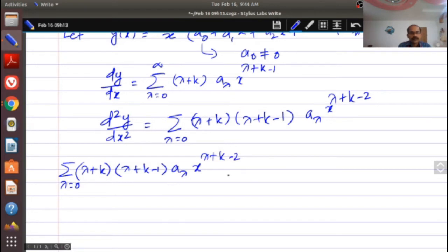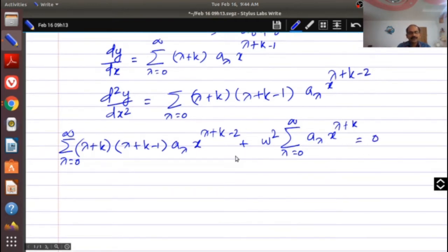This is y double dash, plus omega squared y, which is again summation lambda equal to 0 to infinity, since infinity is a must because it's an infinite series, a lambda x raised to lambda plus k, equal to 0.